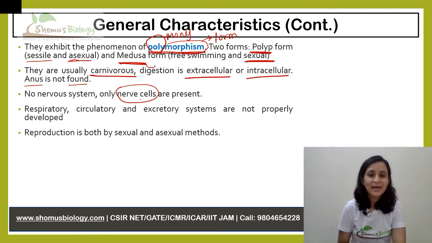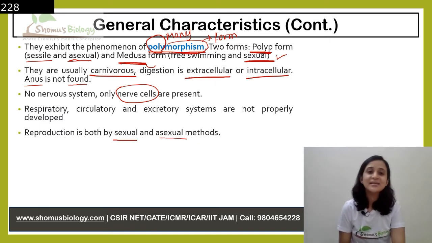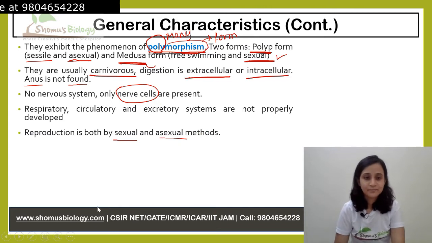Reproduction is by both sexual and asexual methods. We have already discussed that the polyp form reproduces asexually and the medusa form reproduces sexually.